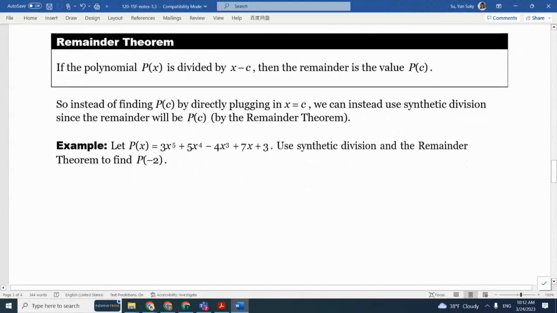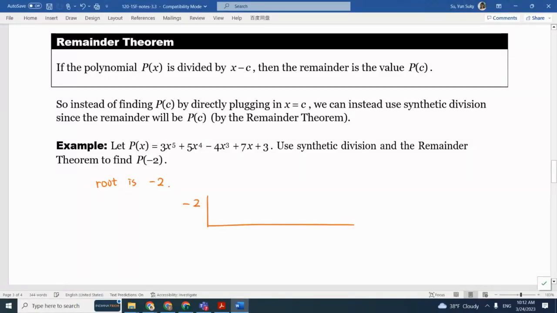Okay, so in this case, the root is -2. So c is the root. X minus c is the divisor. So if you want to use synthetic division, the root is -2. How do we decide that the root is -2?